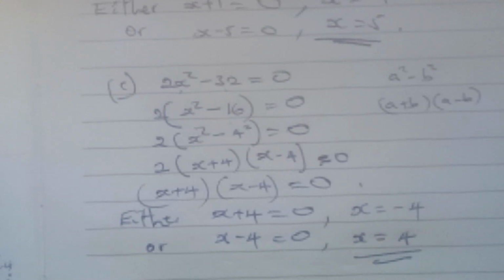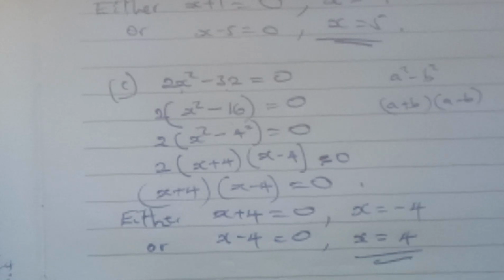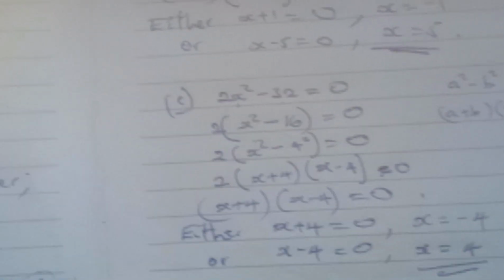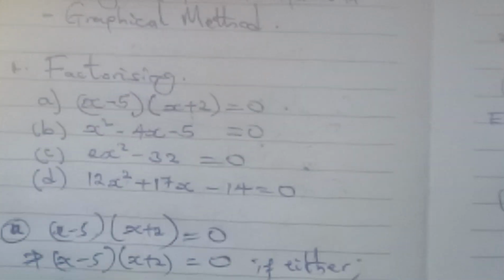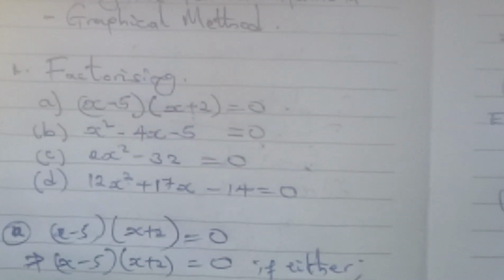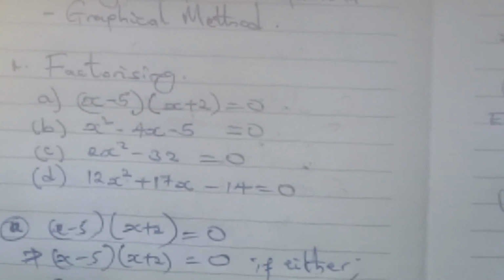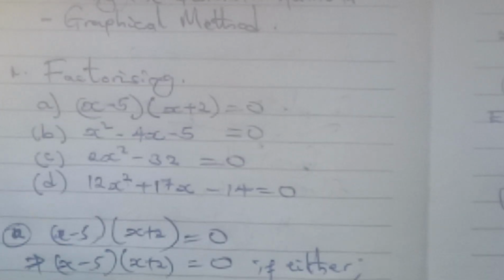And then let's go to the final number, that's D. You can see here D was talking about 12x squared plus 17x minus 14. Now this one is a bit more complex compared to what we have been doing before, and I think it's high time we handled it.